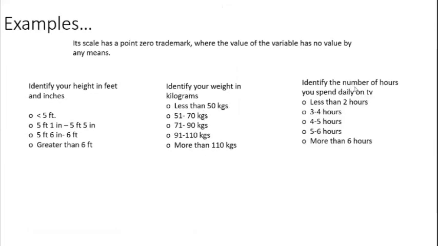And then identify the number of hours you spend daily on watching TV: less than 2 hours, 3 to 4 hours, 4 to 5 hours, 5 to 6 hours, or more than 6 hours. Good luck to your electricity if that is more than 6 hours, and then your AC is on.